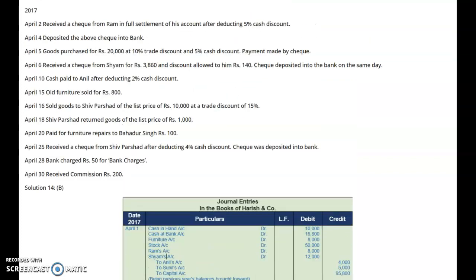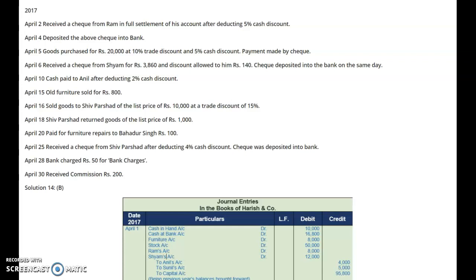Next transaction is goods purchased for Rs 20,000 at 10% trade discount and 5% cash discount, payment made by check. See here, the total amount of purchase was 20,000. Again, 10% trade discount. We all know that trade discount will not be shown here. So 10% will come to 2,000. So net purchases are rupees 18,000.